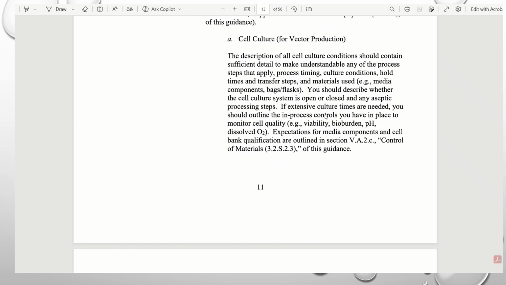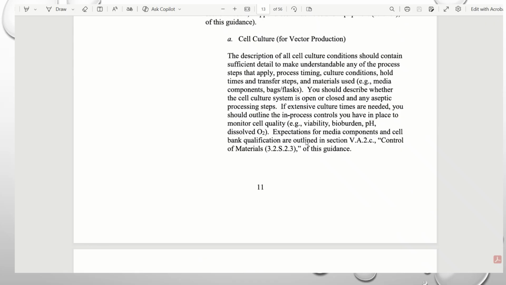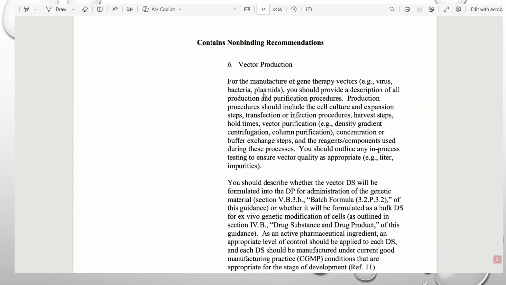And they also talk about the fact that expectation of media components and cell bank qualifications are outlined in this section, control of materials, 3.2.S.2.3. So the media components and the cell bank qualification should be outlined in control of materials of this guidance. Vector production.